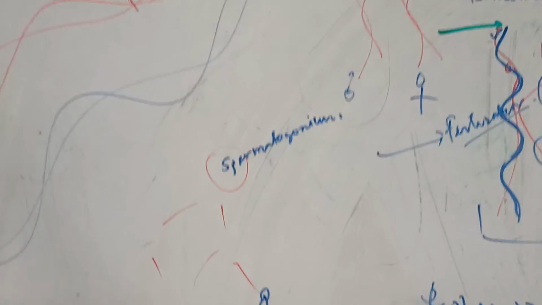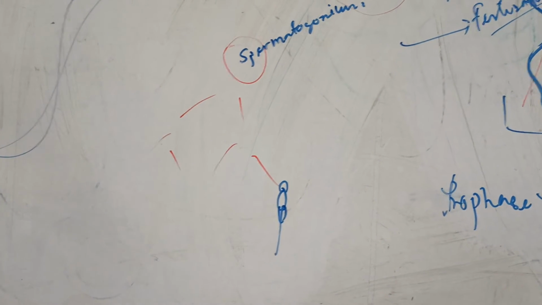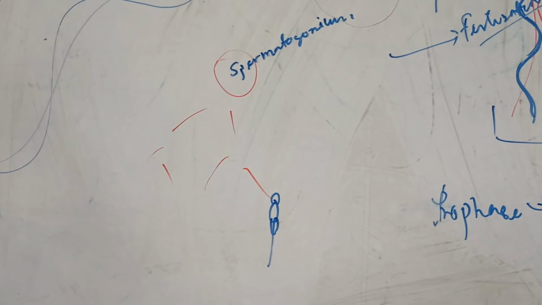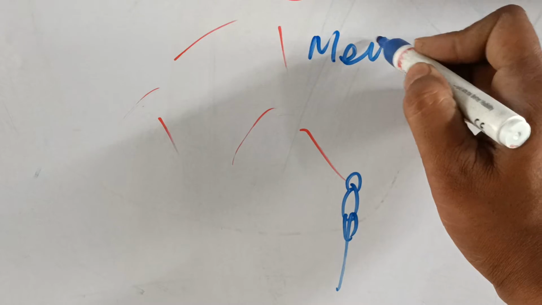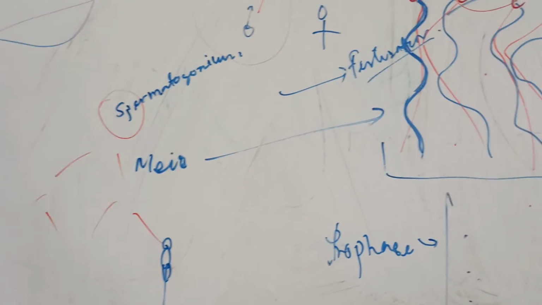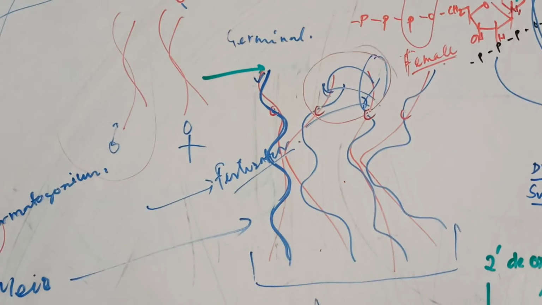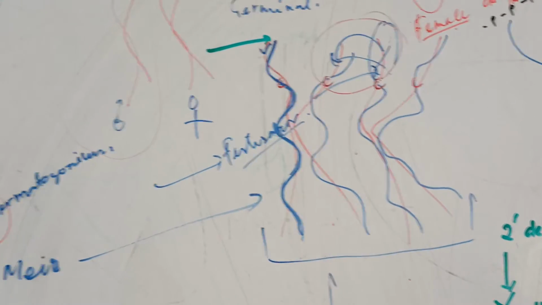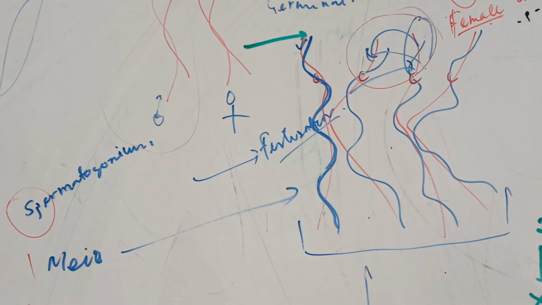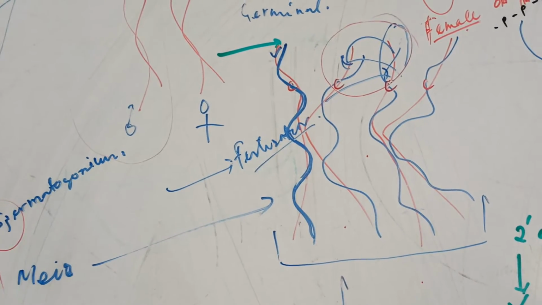But when the body performs meiosis, then actually this process takes place. So during this process, meiosis, some part of the meiosis happens after fertilization.